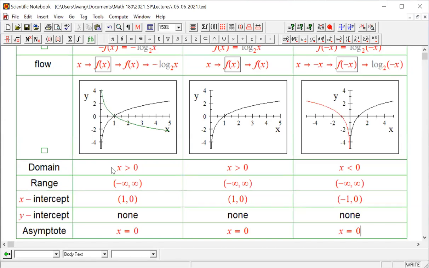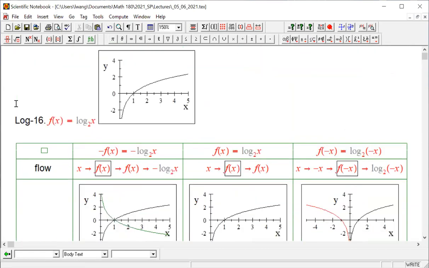Okay, so let's look at the stretching and shrinking. One is where the constant is inside, the other where the constant is outside. So let's see, are you ready?